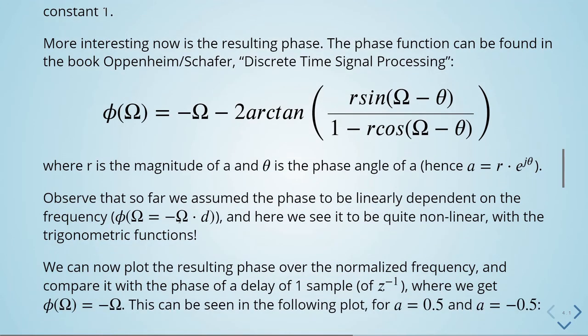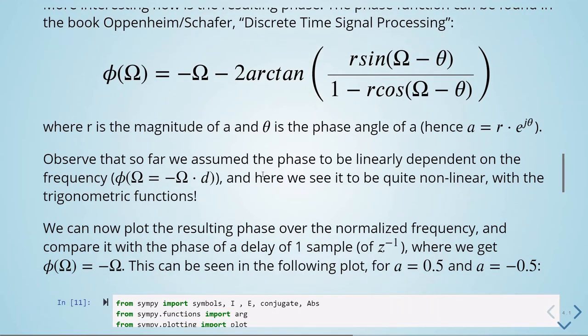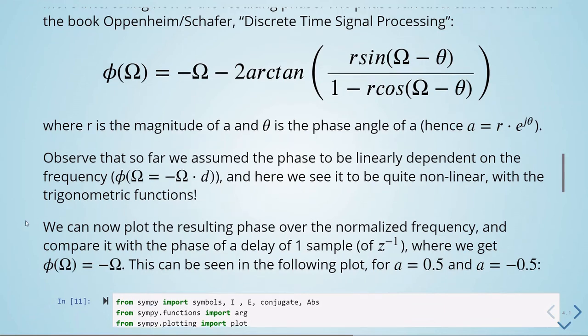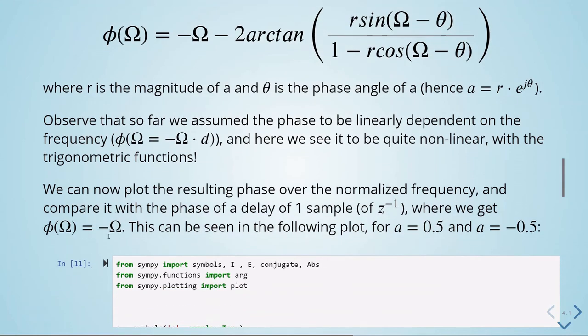So it was minus capital omega times d, and here we see it to be quite non-linear with these trigonometric functions. So we can plot this resulting phase over the normalized frequency, and we can compare it with the phase of a delay of one sample, for example, where we will get this linear phase minus capital omega.